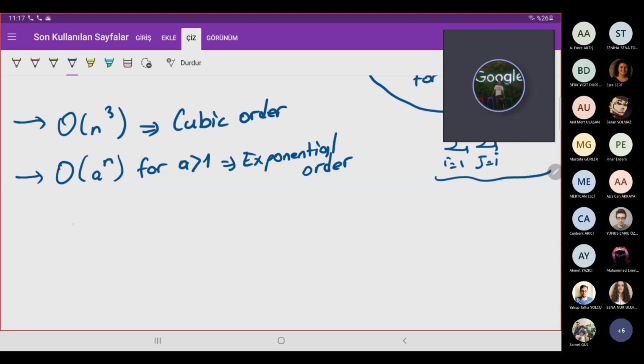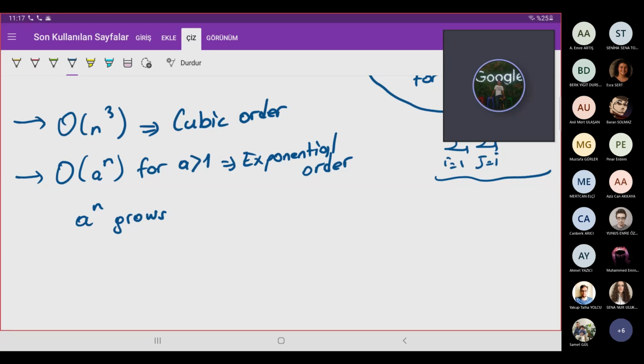And exponential grows faster than polynomial. So a to the n. When you say faster, the function growing faster means that the program is slower, okay? The wording there is important.